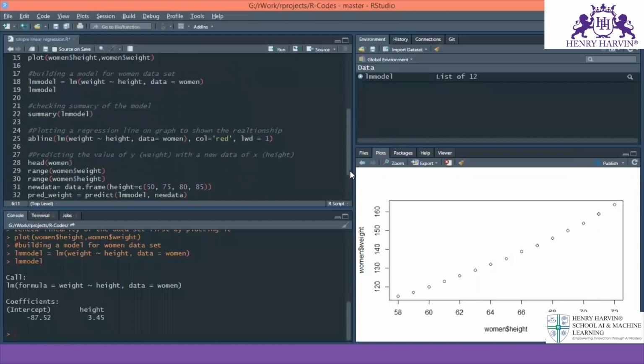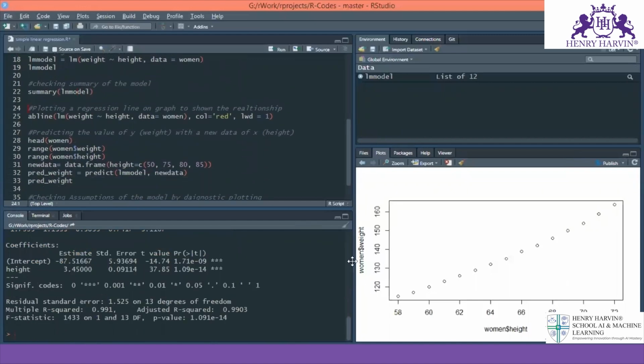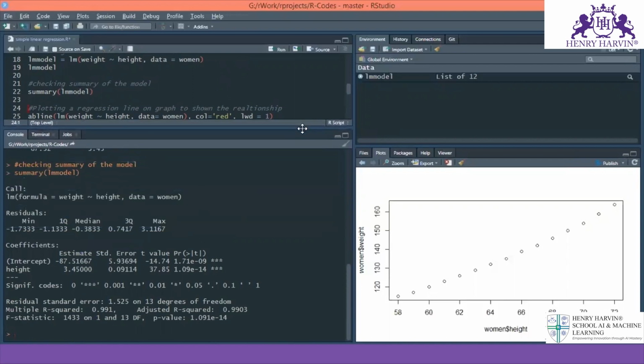Next, let's check the summary of the model in order to check its significance. When we are checking the significance of a model, it is very important to check these factors: residuals, coefficients, significance code, residual standard error, multiple r squared, adjusted r squared, and p-value. Let's start with residuals. What are residuals?